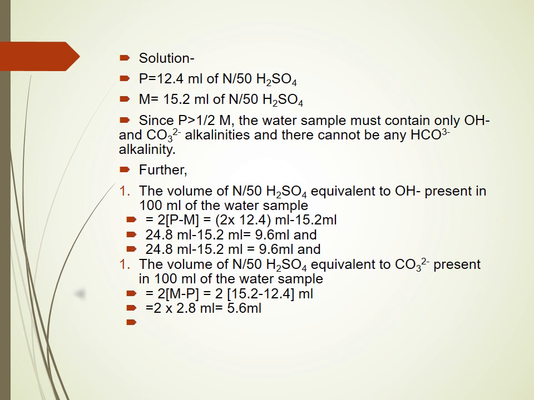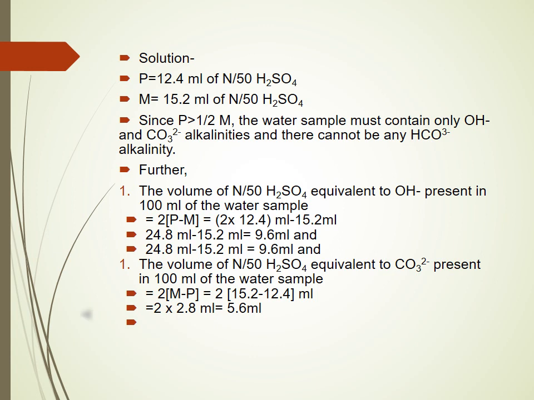For example, in this case, you know that the relationship is P greater than half of M, and that's why, with the help of the column, you know that the alkalinity is only due to the OH⁻ ion and CO3²⁻ ion, that is hydroxide and carbonate ion, and not due to the bicarbonate ion.